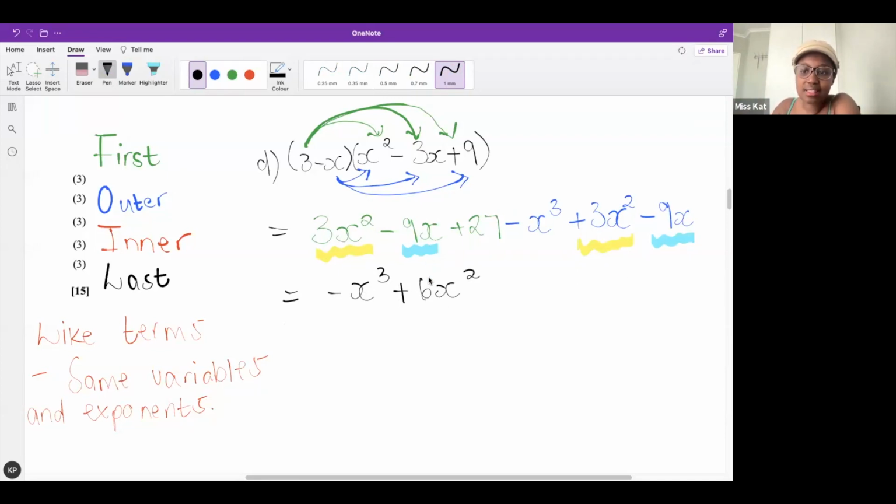Negative 9x minus 9x is negative 18x. And then we have our constant, which is just plus 27. That was beautiful, guys. Let me show you a mark allocation. For that, and for both of these being correct is your third mark.